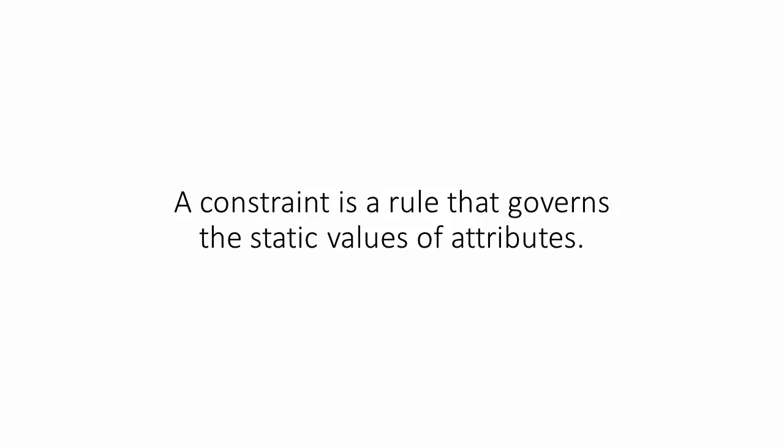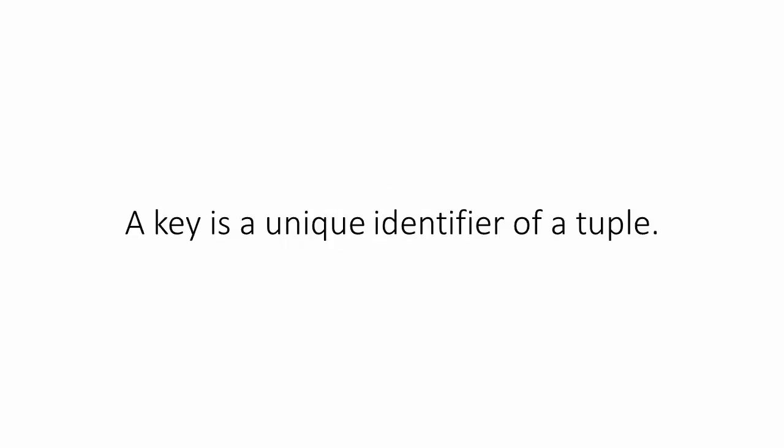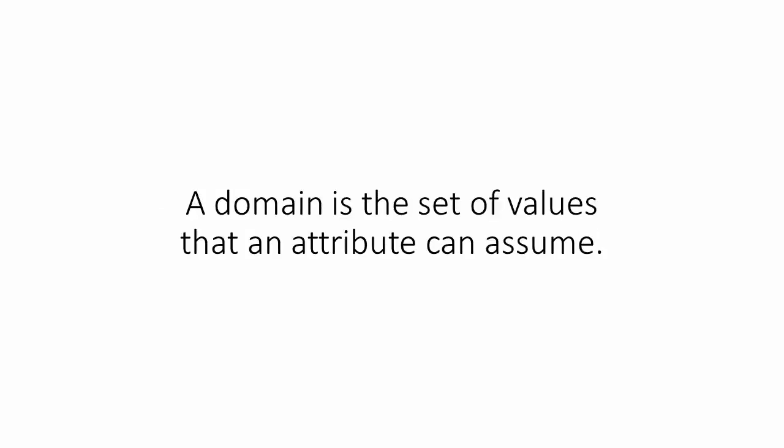You must be able to tell whether the constraint is satisfied. Static values are those that do not vary with time. A key is a unique identifier of a tuple. A domain is the set of values that an attribute can assume.